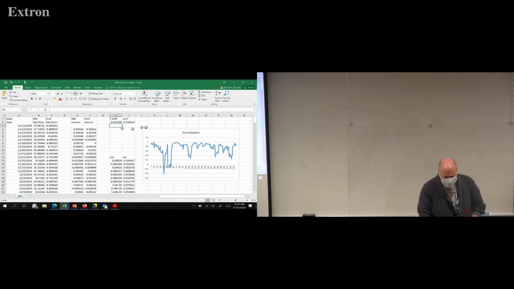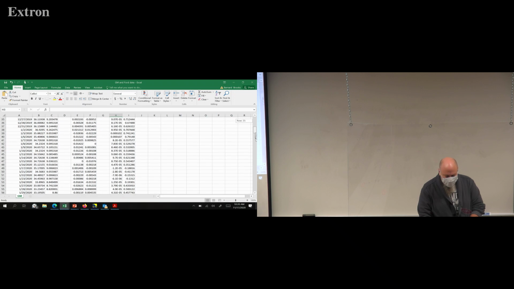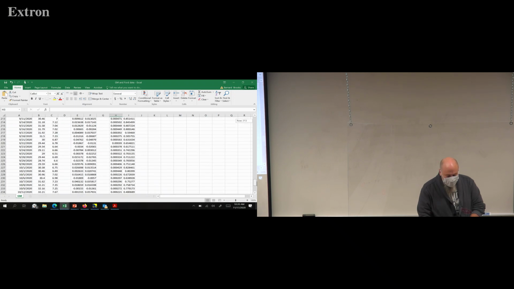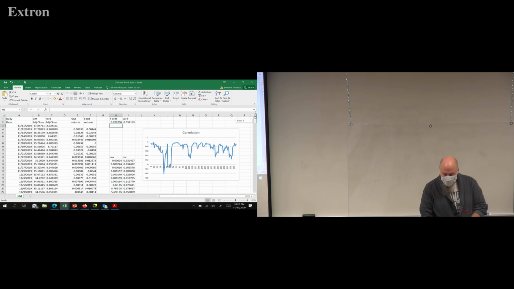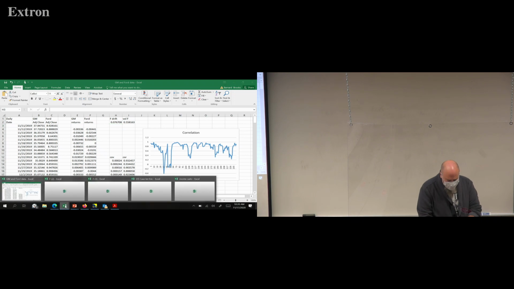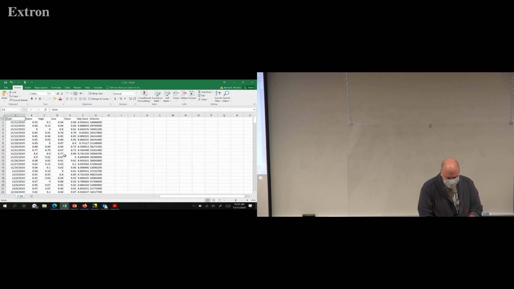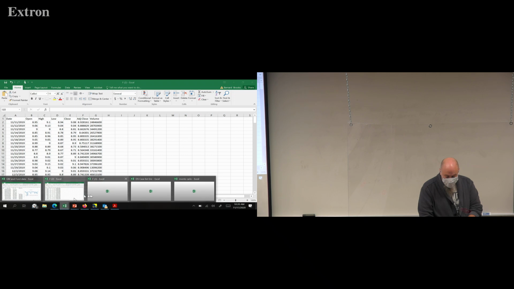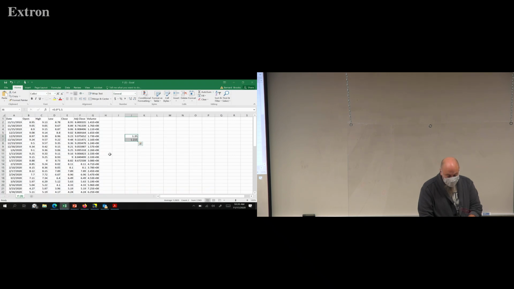But I took a year's worth of daily data here. This other spreadsheet has the same data for Ford, but this is weekly data.